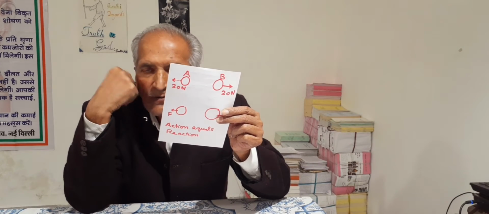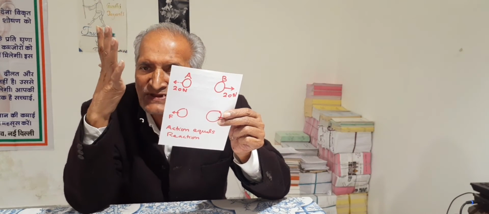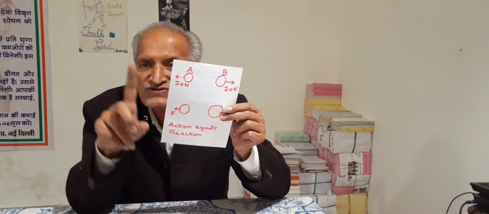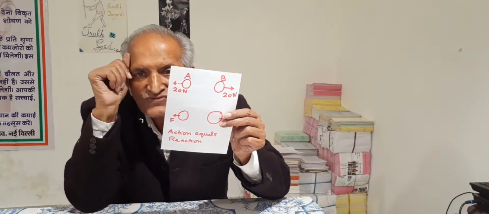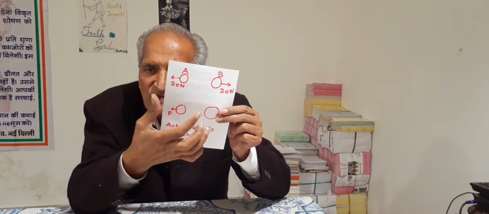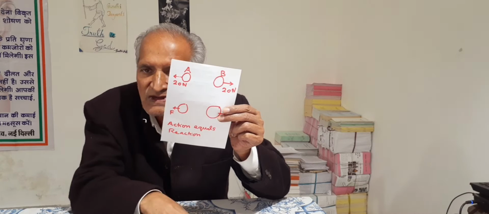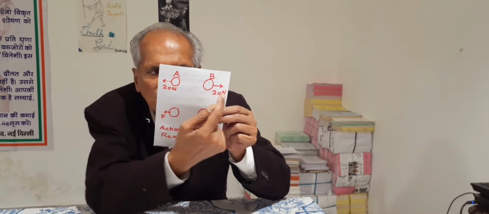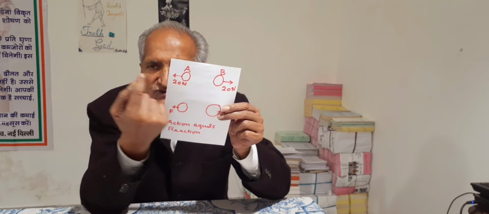Newton was pleasantly surprised when he discovered this fundamental law of nature, that forces are never born single, they are born in pairs. And he called this pair an action-reaction pair. They act in opposite directions. You can call this force action, then this is known as reaction.